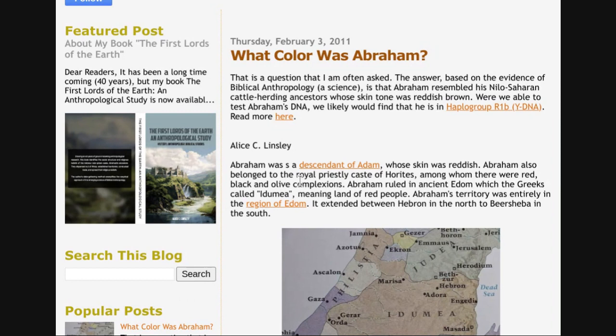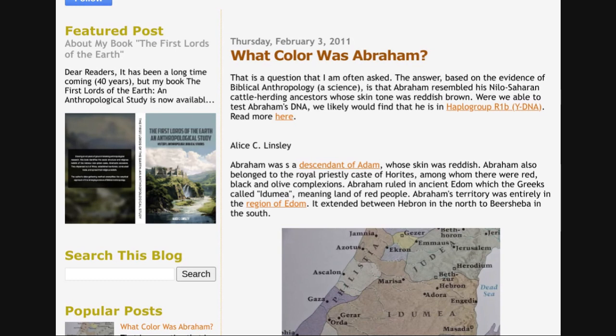But check this out. It says Abraham was a descendant of Adam, whose skin was reddish. Abraham also belonged to the royal priestly caste of Horites. Now they say the Horites are today's Ghanaians, from Ghana.